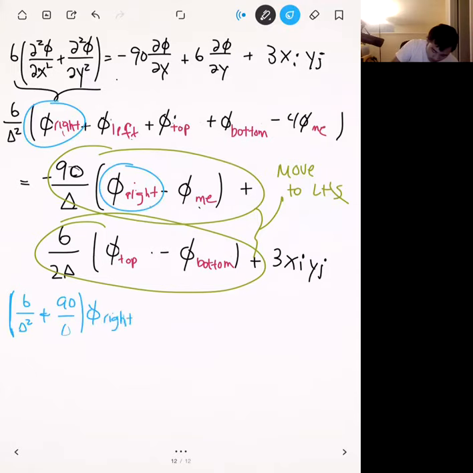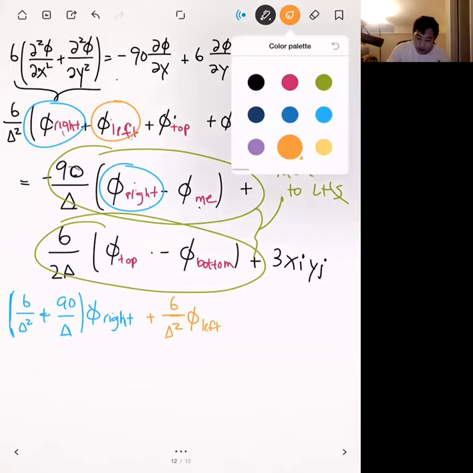That's the right terms. Now let's do the left terms. For the left terms, we just have 6 over delta squared times phi left.